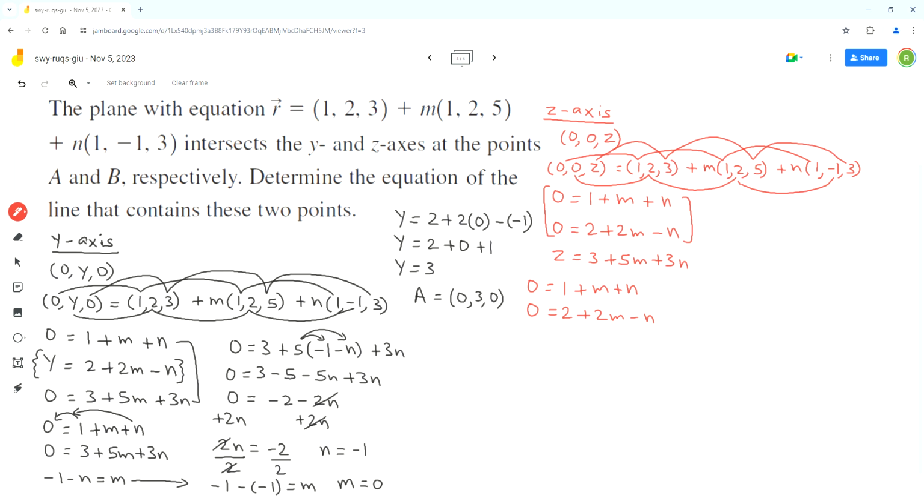So these two equations make up a linear system, and in this case we can use the substitution method to solve this linear system. For point A, we isolated variable m from the first equation. Now we can do the substitution for m in the second equation. Now we have to solve for n. We can distribute 2 into the parentheses.